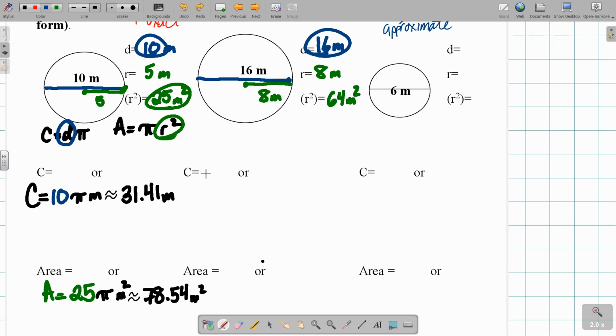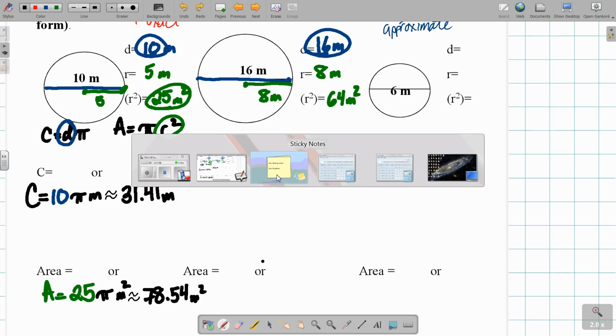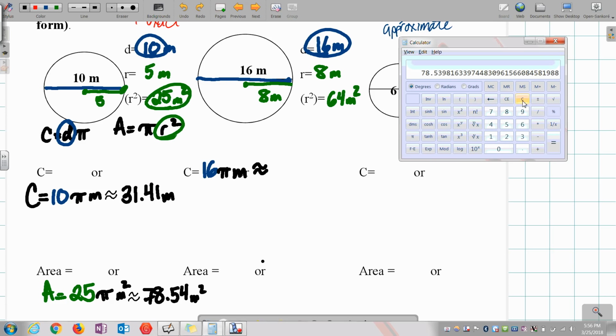So our circumference for this is C equals 16 pi meters, which is approximately 16 times pi. Please do that on your own calculator so you know how to use it. 50.27.